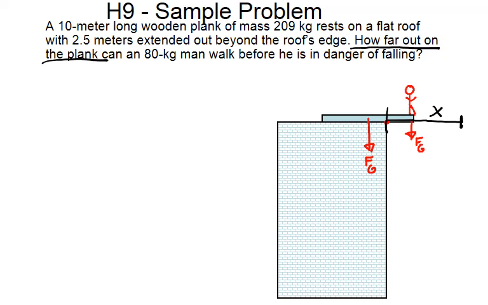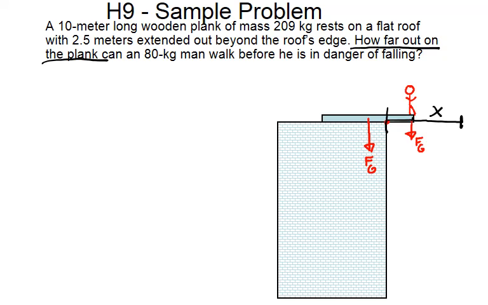So what we can do is we can say, okay, how far would it be safe? How big could x be? And then we can compare that to the edge of the roof, and we can find that. So what I want you to do is go ahead and set up the sum of the torques equals 0.